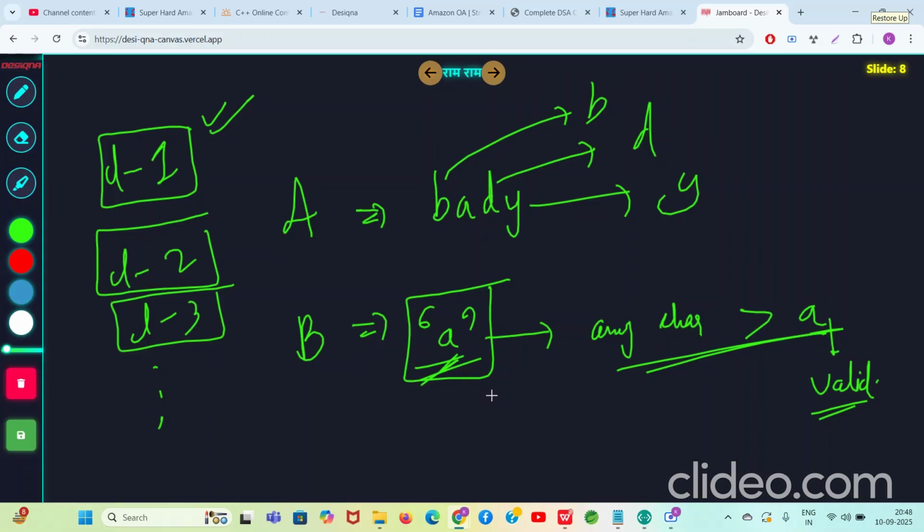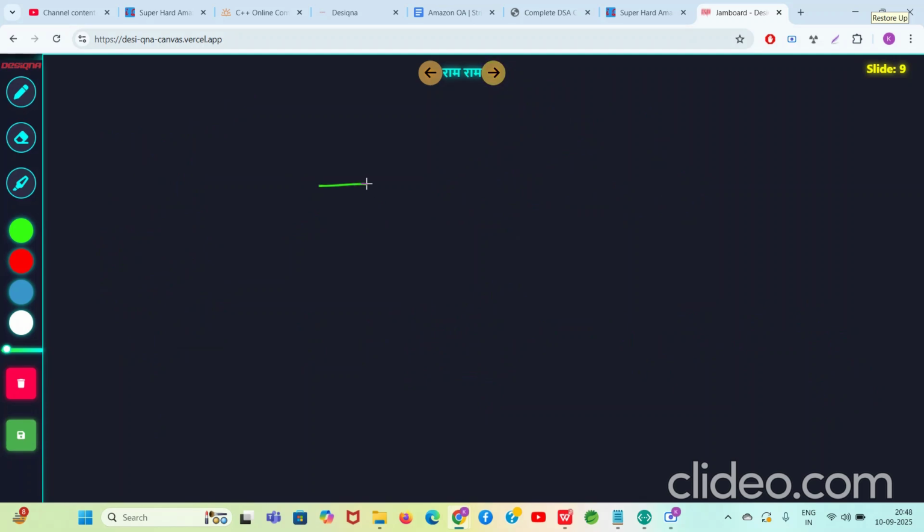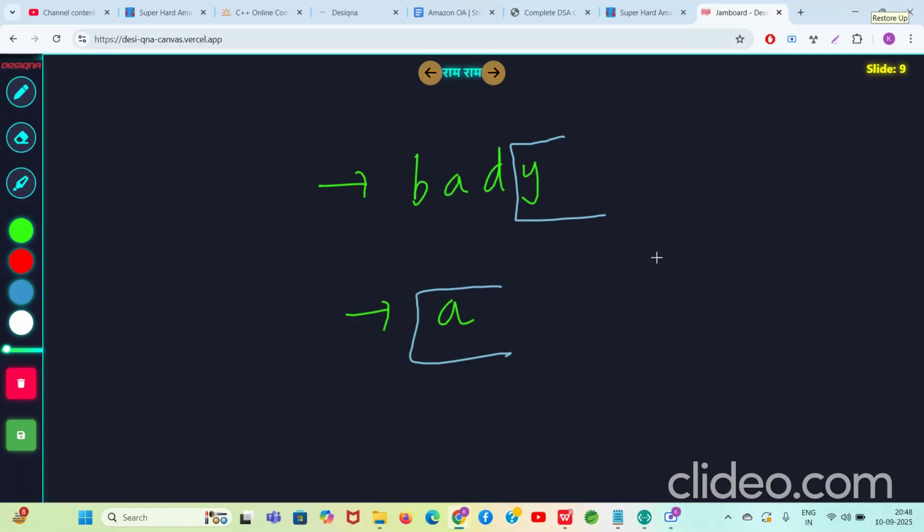What is going to be the requirement? See, I can explain it to you in this nice way: this is BADY, right? And this is A, right? What if you are trying to solve the question only for this much part? Let's say your string was only Y and you want to find in the Y what subsequence is there which is greater than A. What would be the answer?